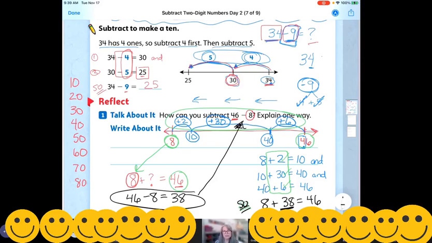So that's what we're trying to teach our children. Yes, right now we're teaching them the steps and the reasons behind it, but once they start working with these, making tens first, whether adding or subtracting, it becomes automatic and they'll be able to just solve 2-digit, 3-digit problems very quickly.